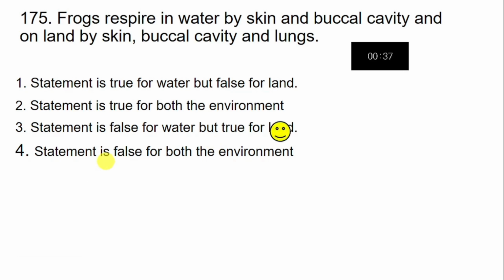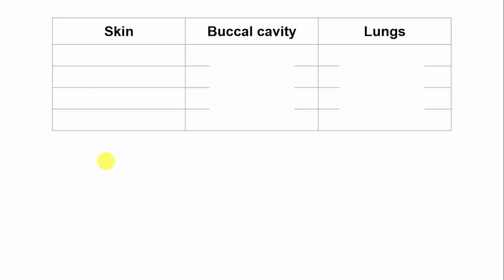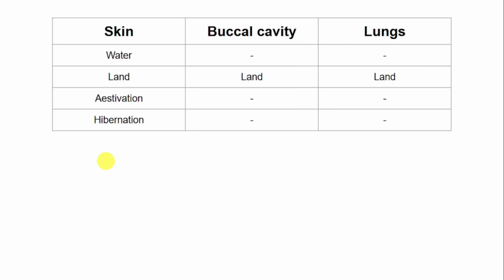See what you have to remember in case of frog respiration. The skin is important for respiration in water, land, then during estivation as well as hibernation. But buccal cavity is used only when the frog is on land.